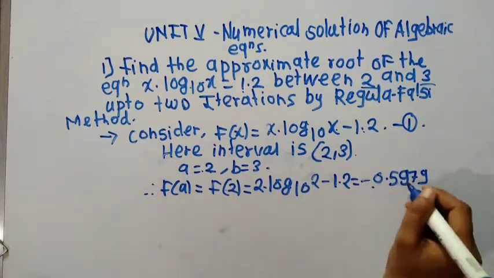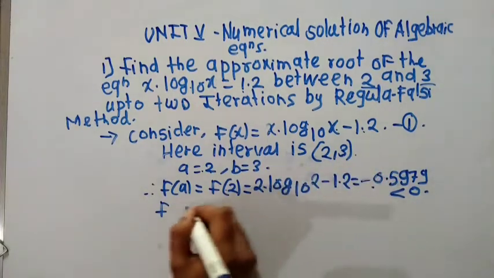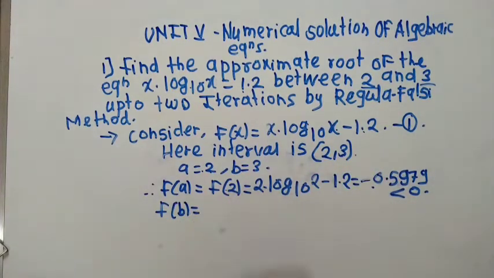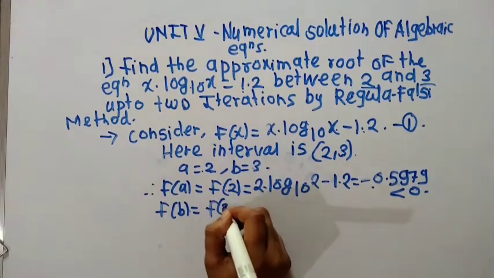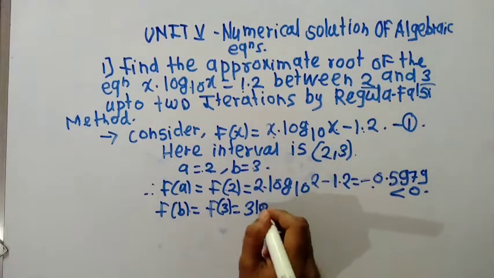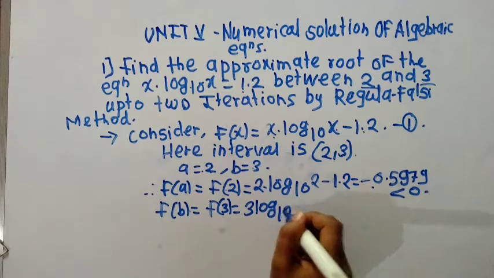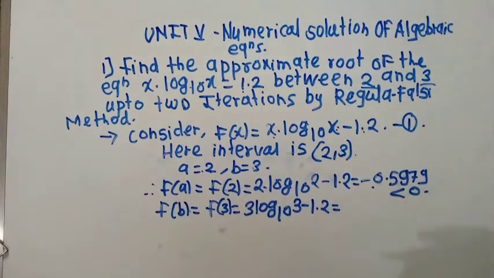It is less than 0. Then find out f of b, which is equal to f of 3, and which is equal to 3 into log10 3 minus 1.2.